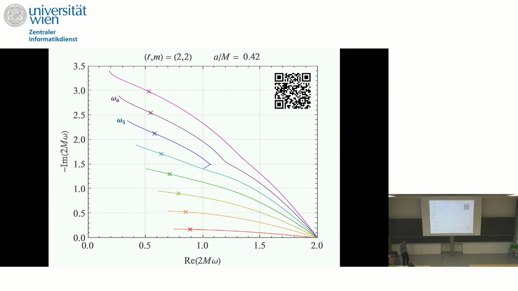That's why I think the deviation in the lensed gravitational waves is larger in this limit. But you notice that the fifth overtone shows some strange behavior. Only this one does not go to this point.